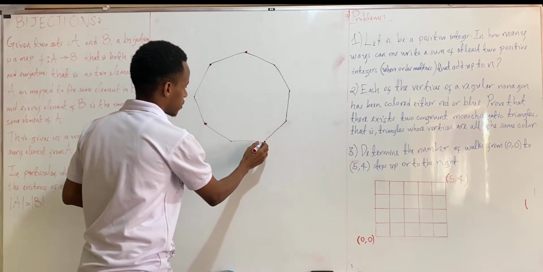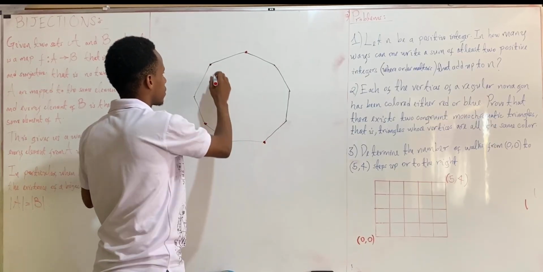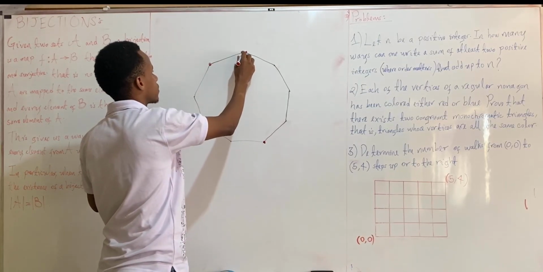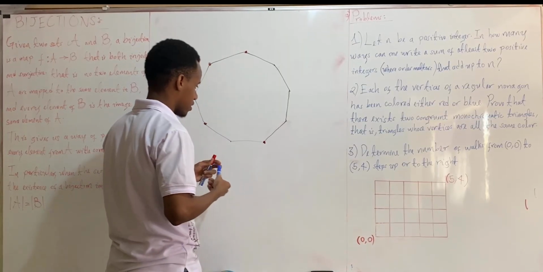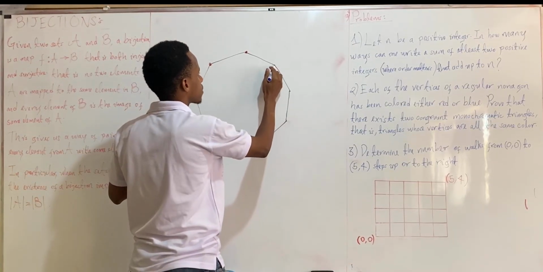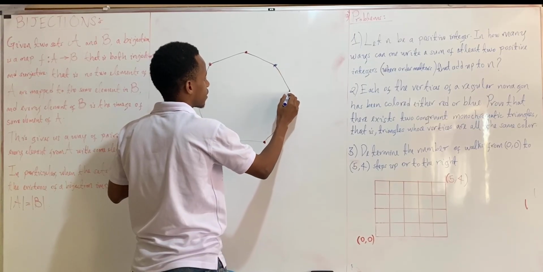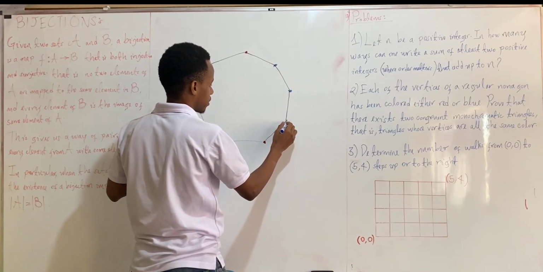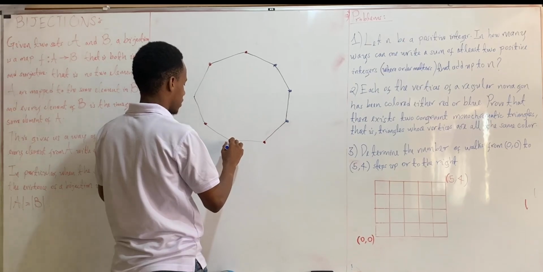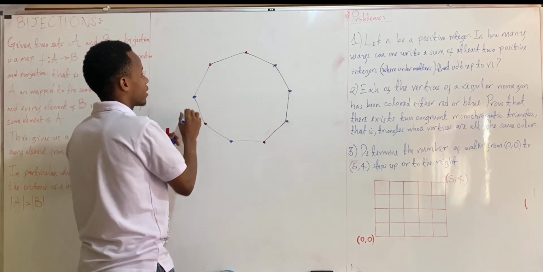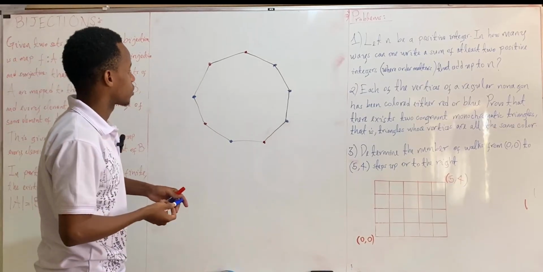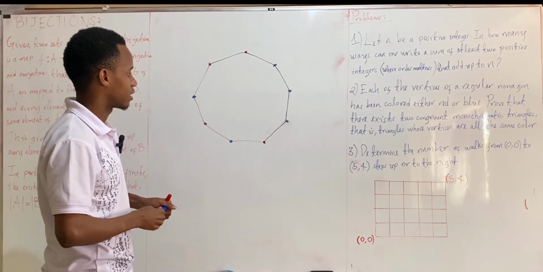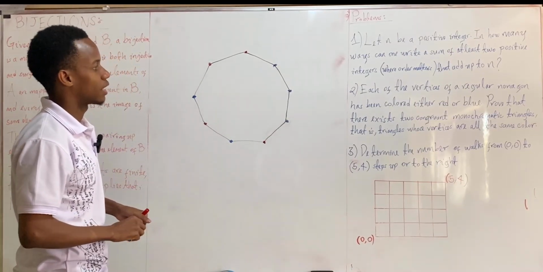Okay, so we have 4 red points, and then for the other vertices we color them blue. So we have a blue there, there, there, there, and finally a blue over there. So we have a total of 9 points, 4 of which are red and the rest 5 are blue.